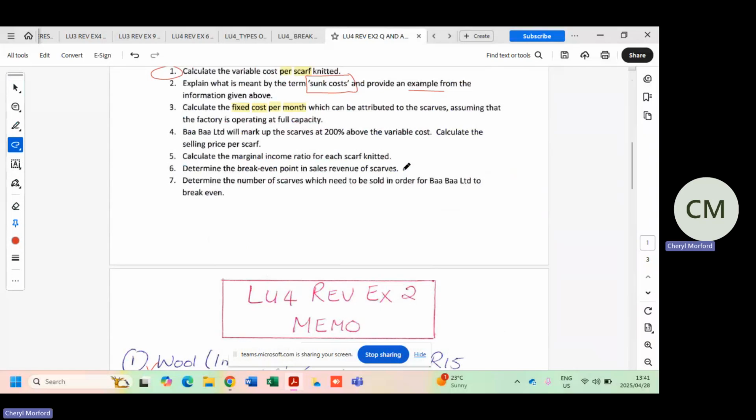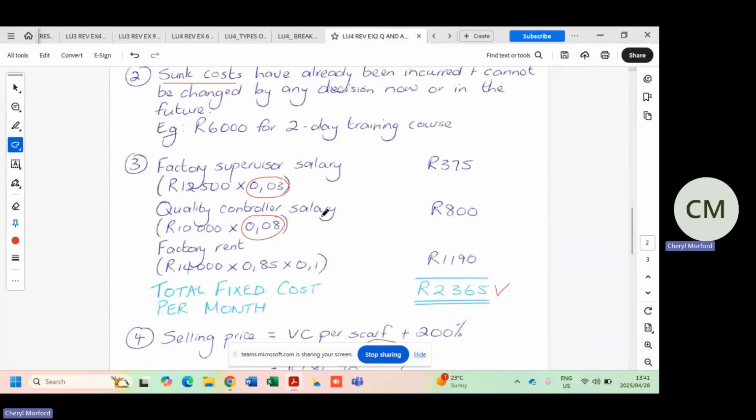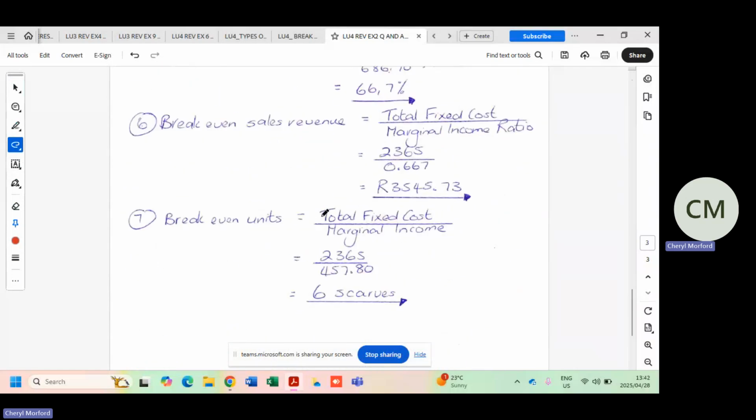Right. So I think perhaps I will just change the order a bit here. I'm going to start with number 7. So the number of scarves that they need to sell in order to break even. This requires us to find the break-even units. So the formula for the break-even units is your total fixed cost divided by your marginal income per unit.